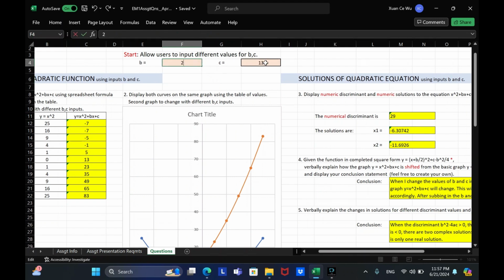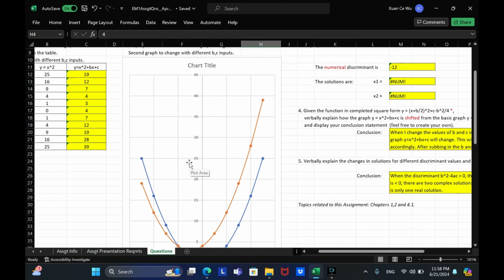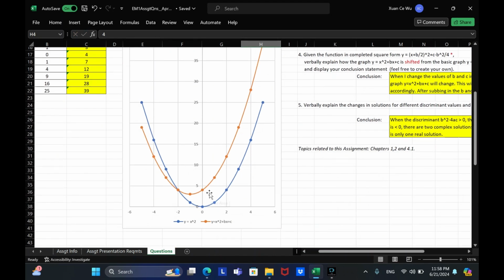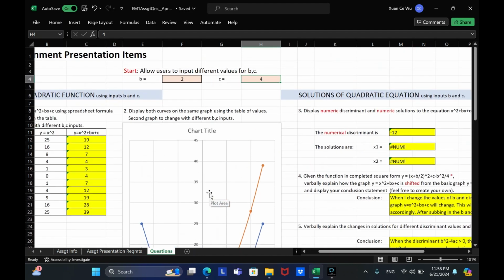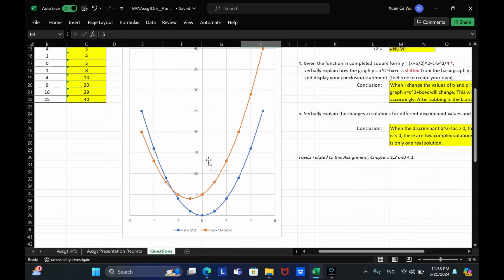when I do 2, 4, the graph will be like that. Change this to 5, and you change to like that.